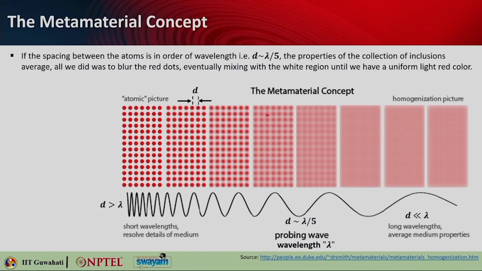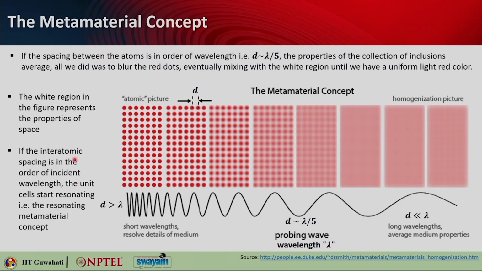So the metamaterial concept comes from this. You have some kind of property which is decided by these individual red dots and also their spacing, and depending on the wavelength that is interacting with your material, you will finally have the properties seen.